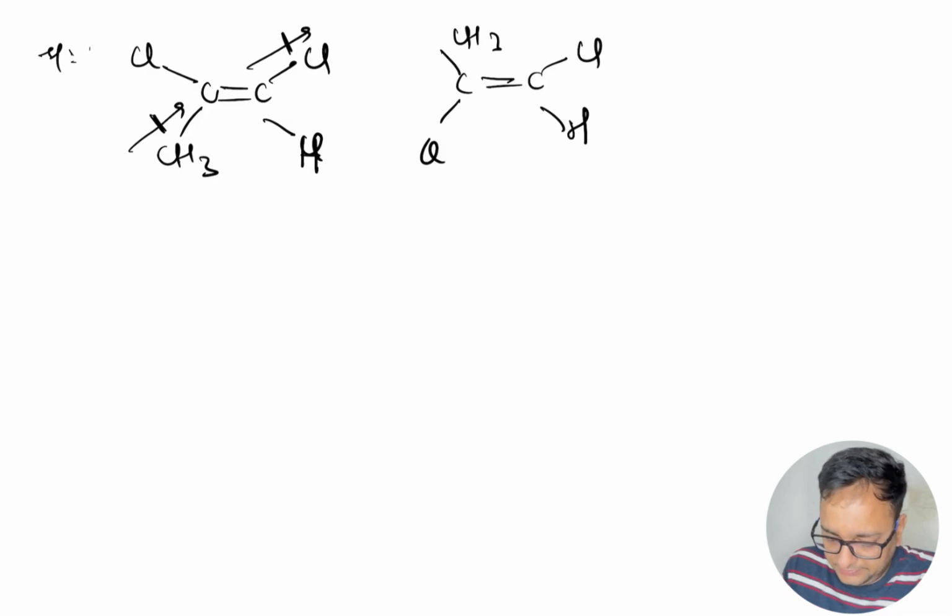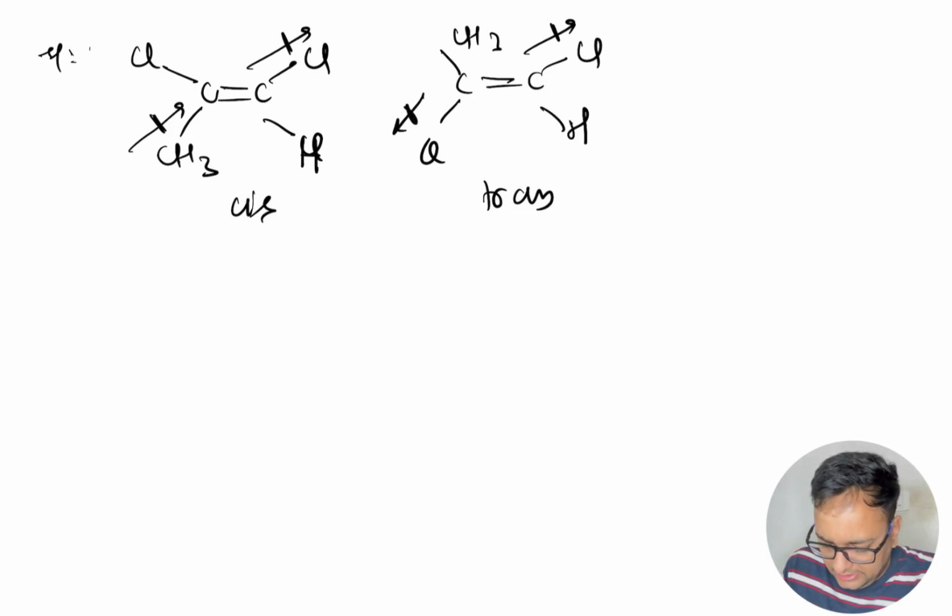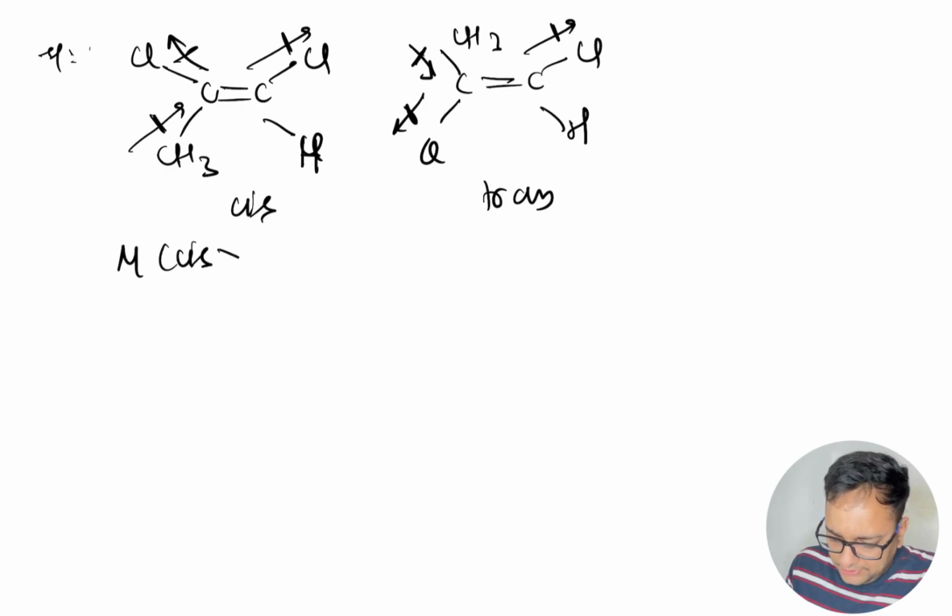Here the vector is going in this direction. So cis is greater than trans.